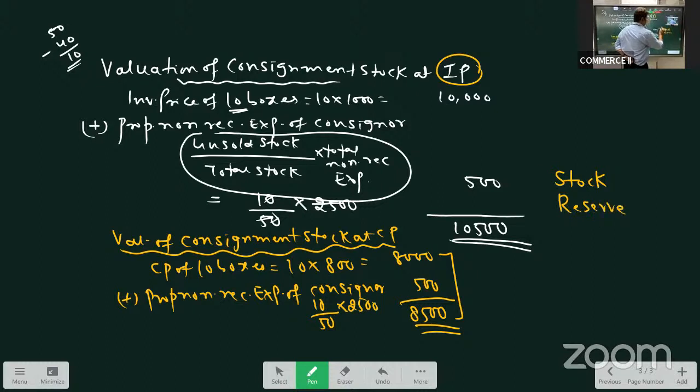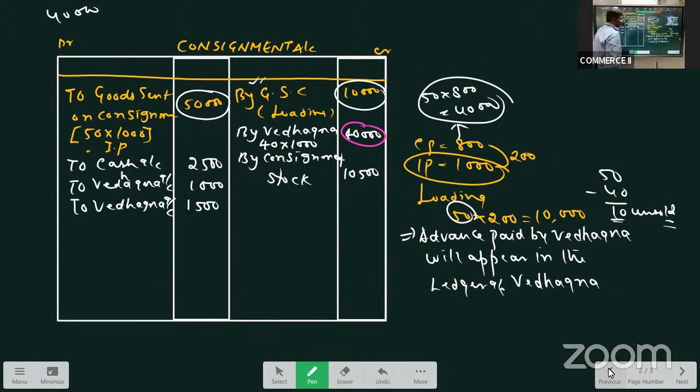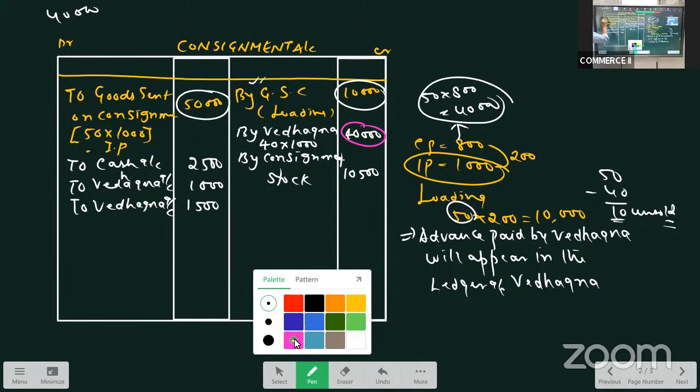It is called consignment stock reserve. Consignment stock reserve is 10,500 minus 8,500. It is 2,000. This 2,000 is the excess loading in consignment stock. See, let us again go back to our first step.